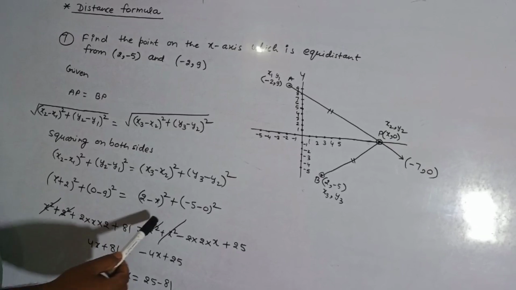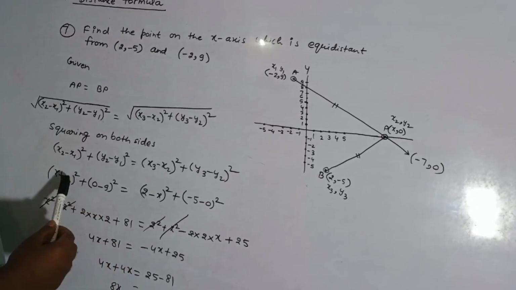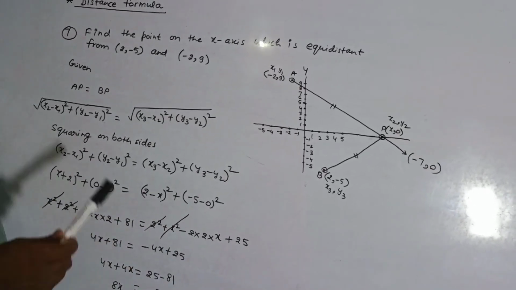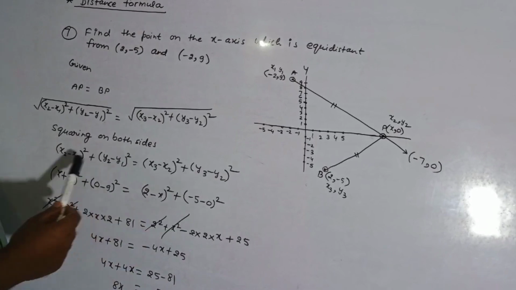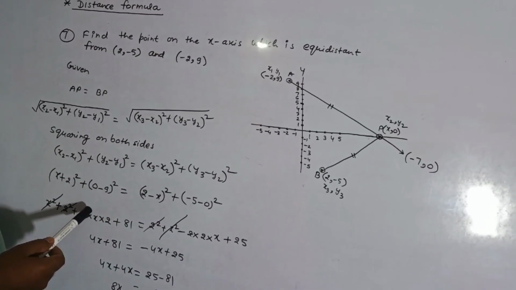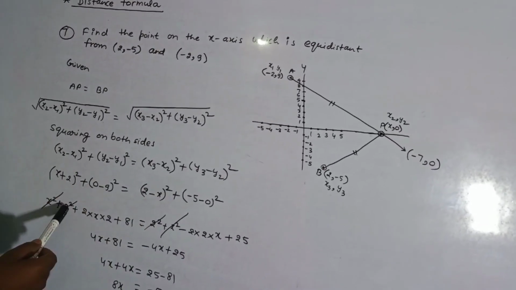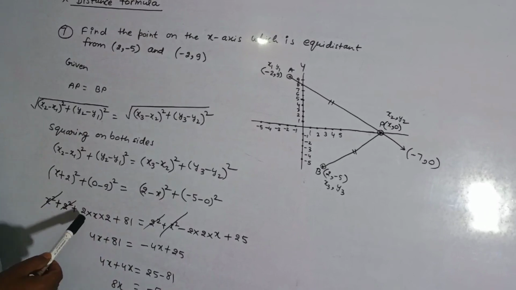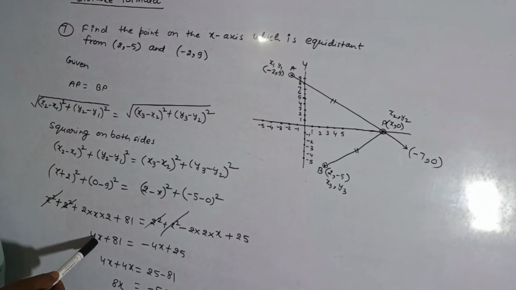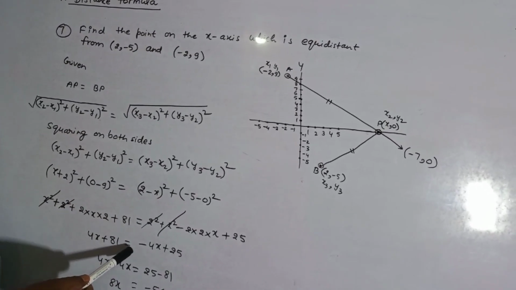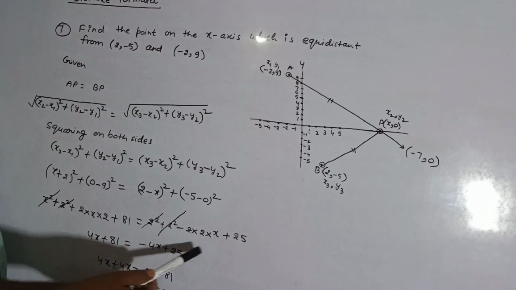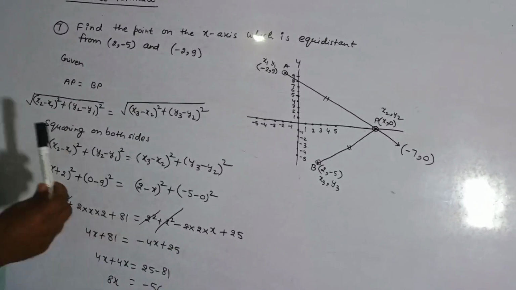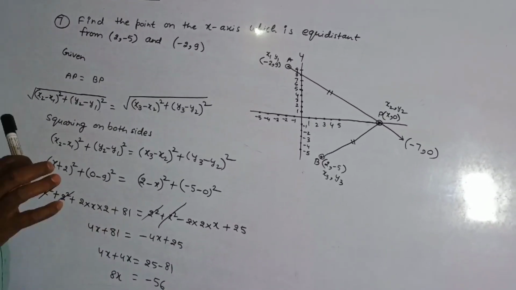Now x square will be cancelled out, because we will transpose this x square to the left hand side, then this will be negative, so we are cancelling here. The squares are cancelled out, you will get here 2 2 are 4, 4x plus 81 is equal to minus 4x plus 25. We will transpose like terms to one side.